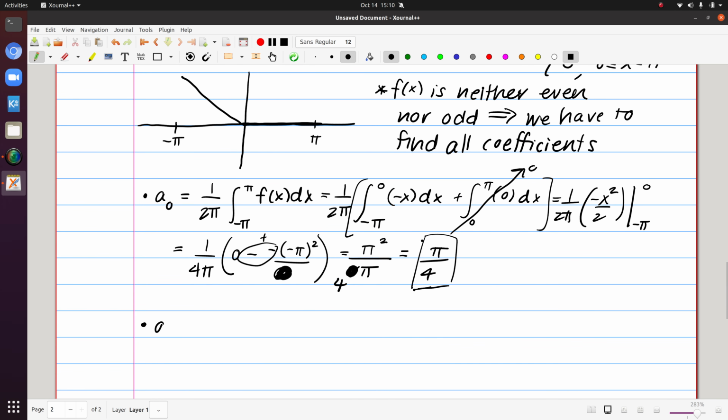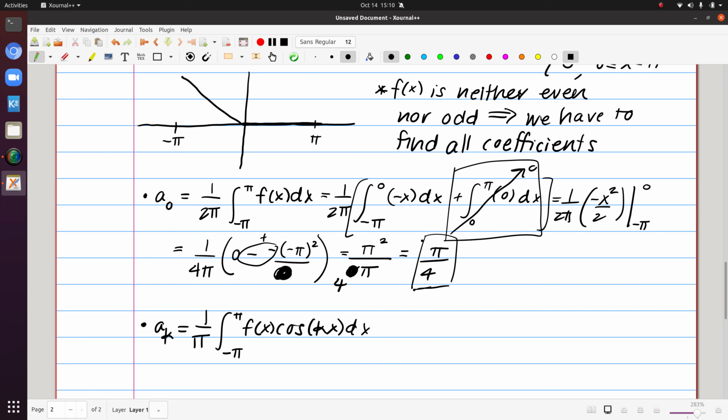So let's move on to a sub k, where we want to find 1 over pi, the integral from minus pi to pi of f times cosine of kx. For the very same reason we observed that this went to 0 up here, 0 times cosine of kx would integrate to 0.